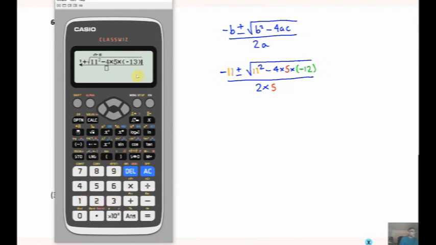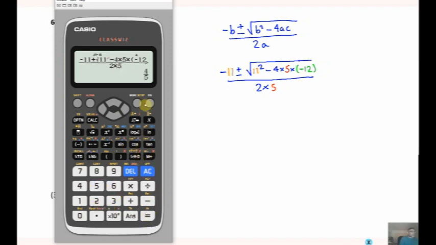Remember, it doesn't actually need to be brackets because you're not squaring it. It doesn't matter if you put the brackets in, I just like to be a bit thorough. And then that's going to be divided by 2 times 5.